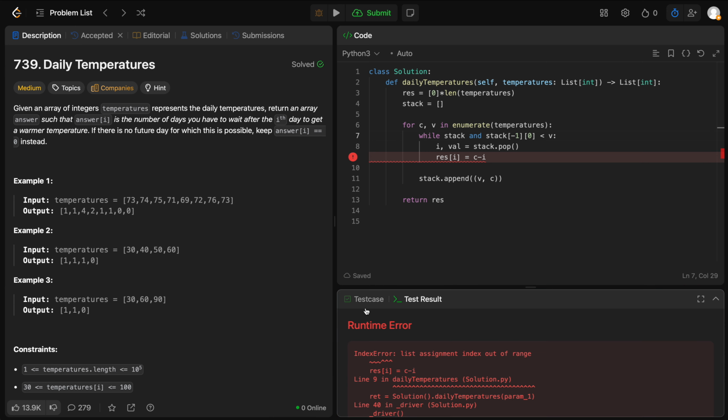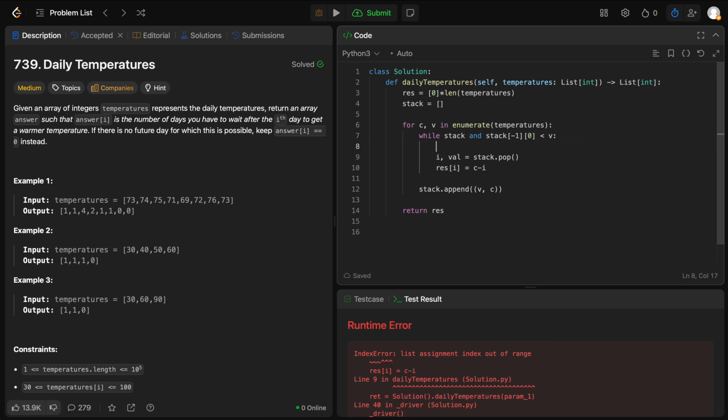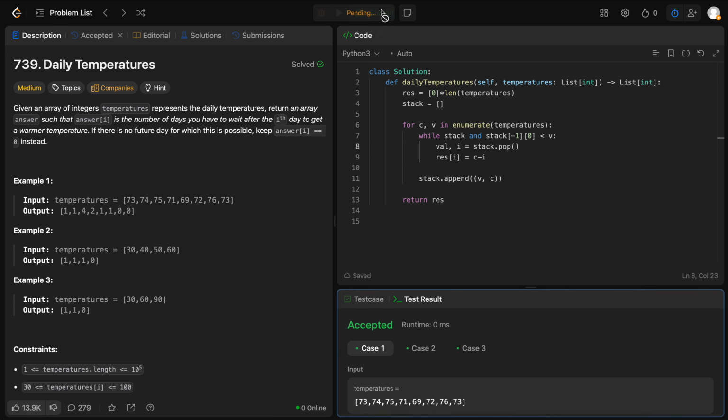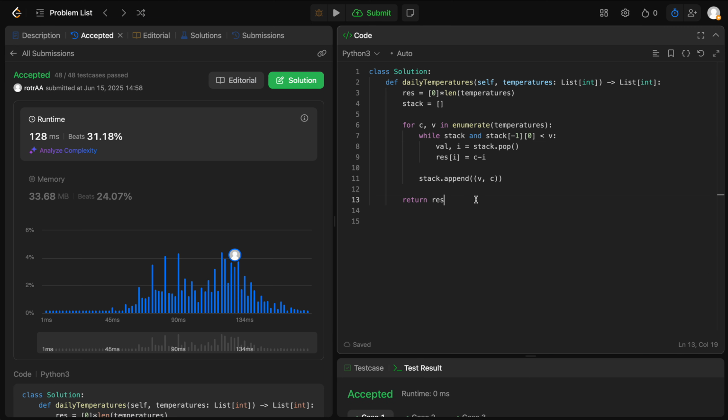Okay, forget about it. I do it the other way around, value and index. Okay, so it works.